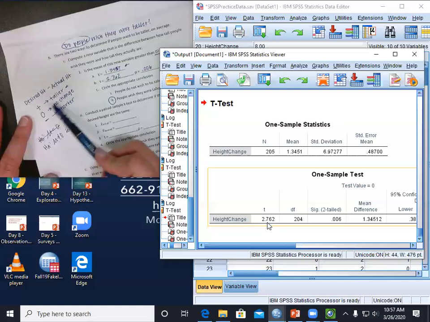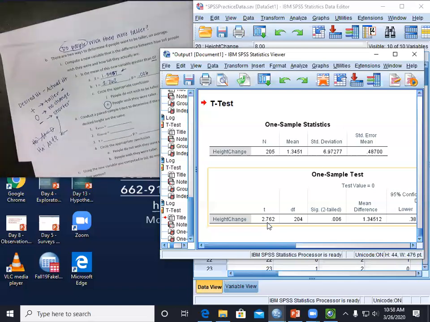And specifically that it's positive. So all we can conclude is that people wish they were taller. At the population level, the mean could be 0.1, or it could be 10, all right? And we would get this same result, that the mean is different from 0. We don't know what the population mean is. All we know now from this test is that it is significantly greater than 0.